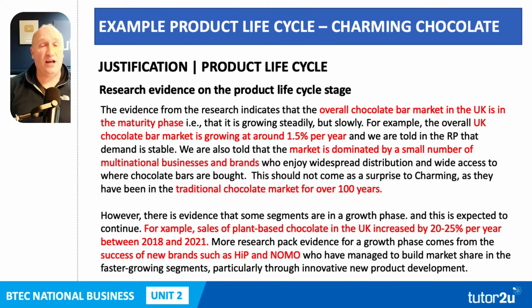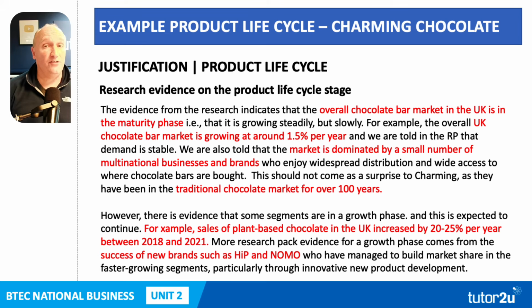So, for example, sales of plant-based chocolate in the UK, we're told, increased by around 20 to 25% per year over the last 3 or 4 years, between 2018 and 2021. We're also given some information about some new brands, such as HIP Chocolate and Nomo and 1 or 2 others that have managed to enter the chocolate bar market by using innovative product development, in particular around plant-based formulations.